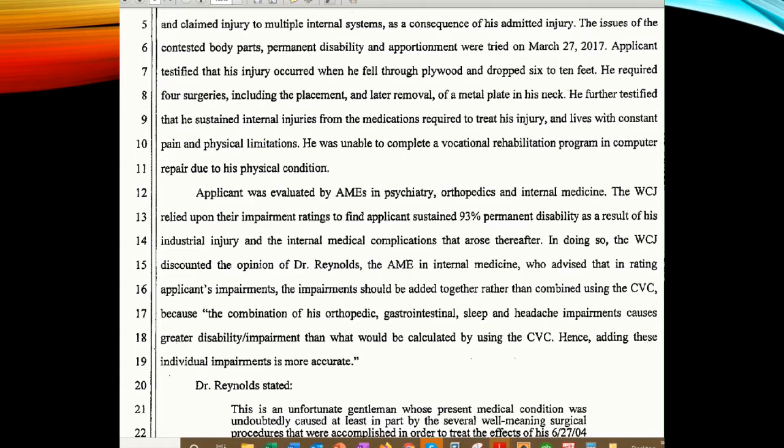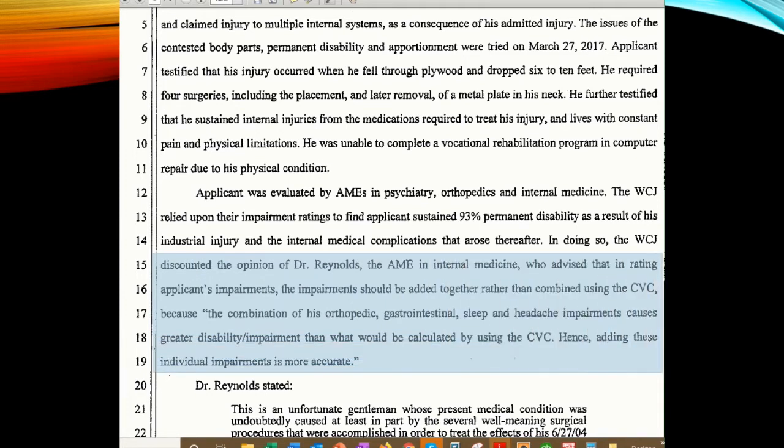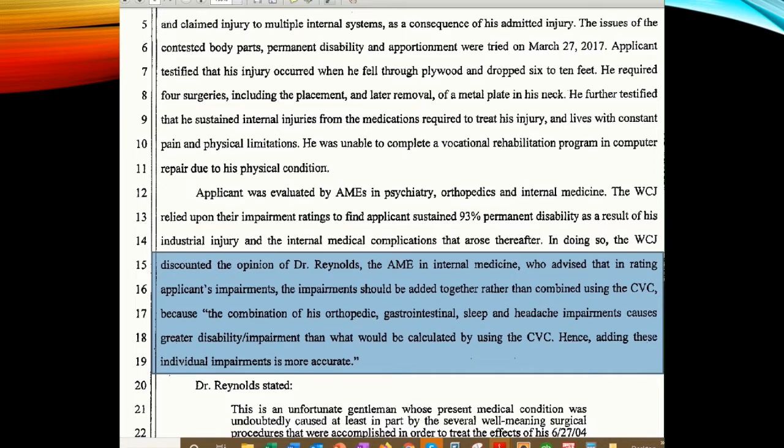93% permanent disability. In doing so, the workers' compensation judge discounted the opinion of Dr. Reynolds, the AME in internal medicine, who advised that in rating applicants' impairments, the impairments should be added together rather than combined using the combined values chart because, quote, the combination of his orthopedic, gastrointestinal, sleep, and headache impairments causes greater impairment than what would be calculated by using the combined values chart.